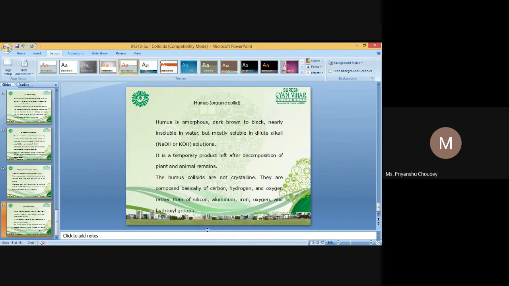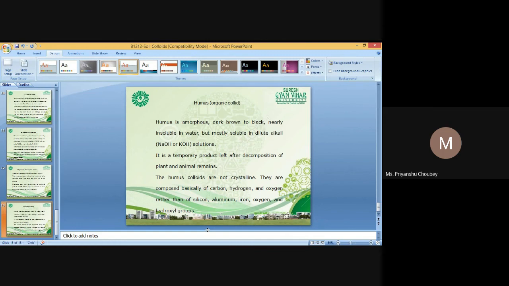Aquic condition: soil experiencing continuous or periodic saturation and reduction, indicated by the redoximorphic features. Pergelic soil materials remain below 0 degree for less than 2 years.